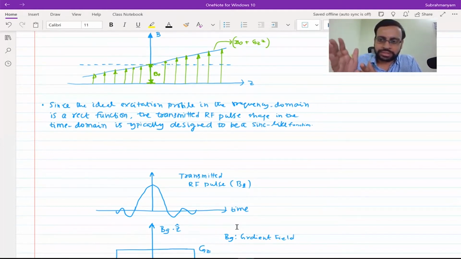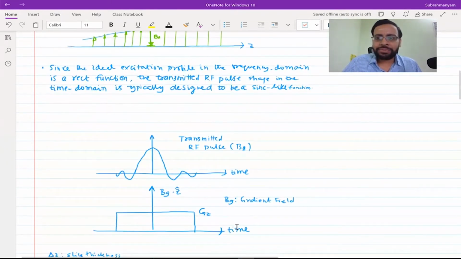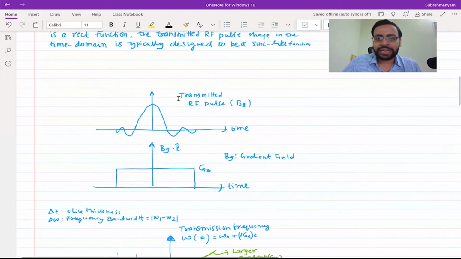Now, what you need to do is, with whatever frequency it is resonating, give that frequency. From where do you give this frequency? This comes from B1, correct? So you are applying this uniform magnetic field, and your RF pulse, or B1 as we are calling it, you should give such that the resonance comes at each particular frequency, which is different.